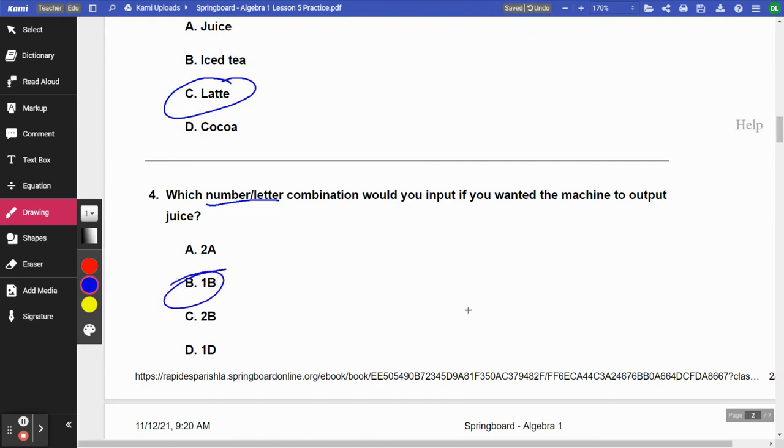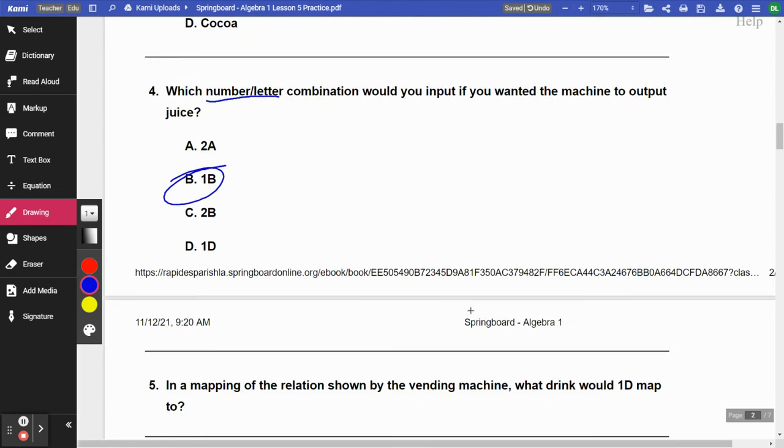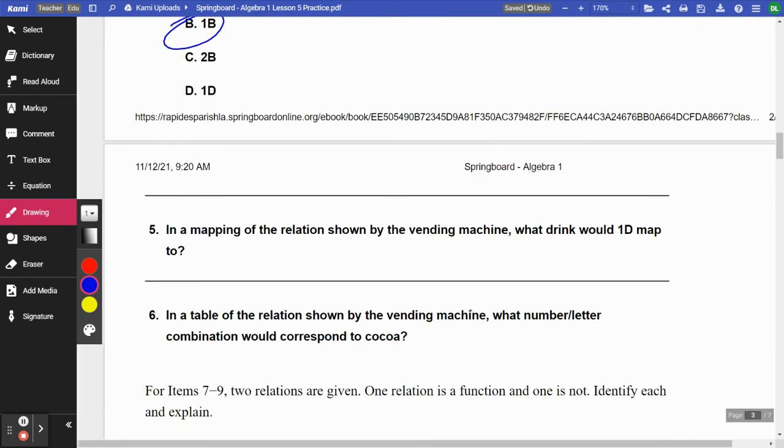Number 5, in a mapping of the relation shown, what drink would 1D map to? 1D would map to water, right? Here is 1D, so that would map to water.